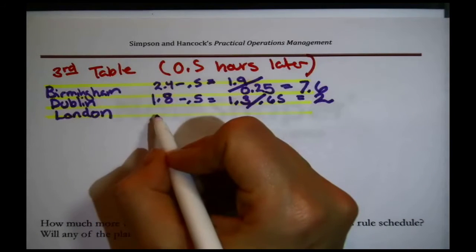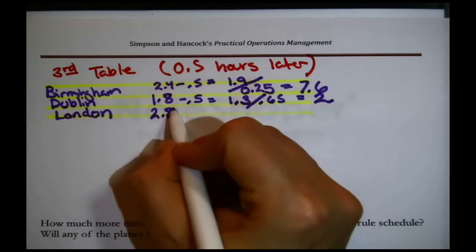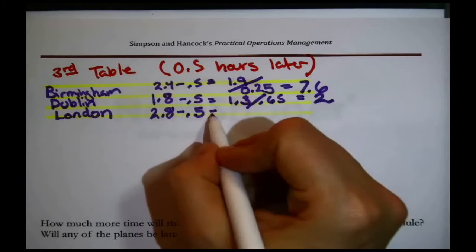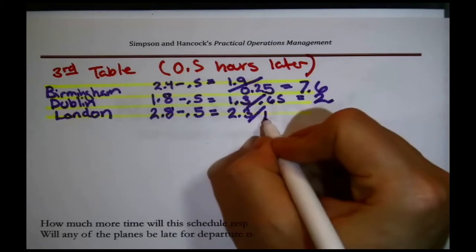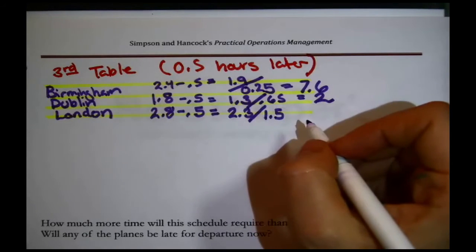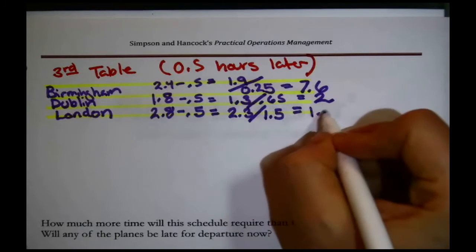London, the last time we were looking at London, we were down to 2.8 hours until it had to leave. Now we're jumping ahead a half hour, so we're down to 2.3 hours before it has to leave. It is still, this part doesn't change, 1.5 hours worth of work. I get 1.53.